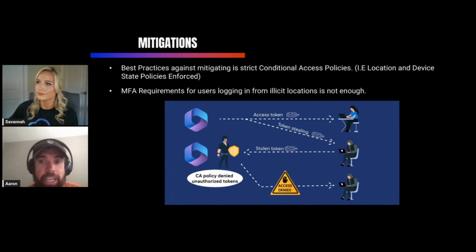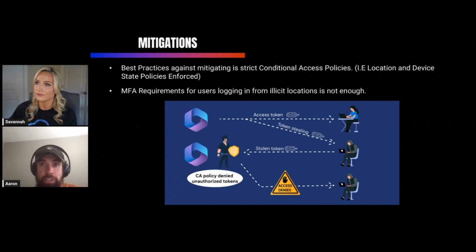Let's talk about some mitigations for this. We briefly talked about how MFA is not really enough to block this kind of attack, because of users logging in from illicit locations. But the best practice for mitigating this is strict conditional access, so that would be location and device state policies enforced.